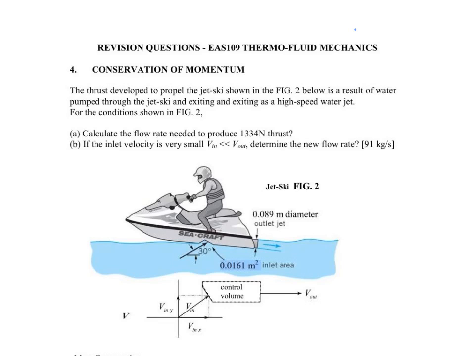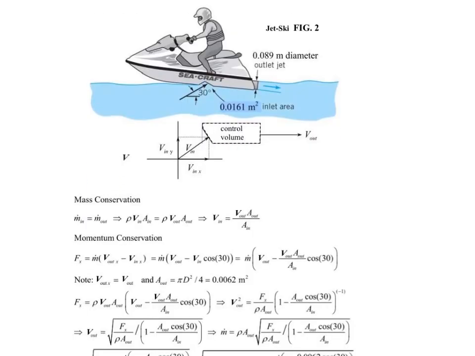If we look at the diagram, you can see that the velocity at the inlet is at an angle of 30 degrees to the horizontal. The control volume, which is just a sketch of the jet ski, this portion relevant to us, shows an outlet velocity V out. Now, through mass conservation, m dot in must be equal to m dot out.